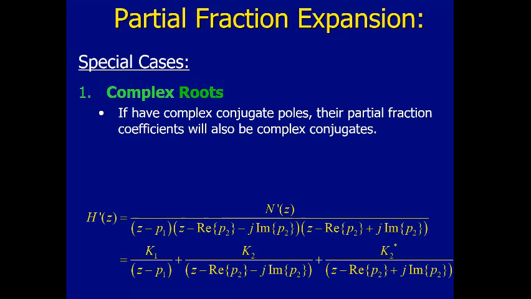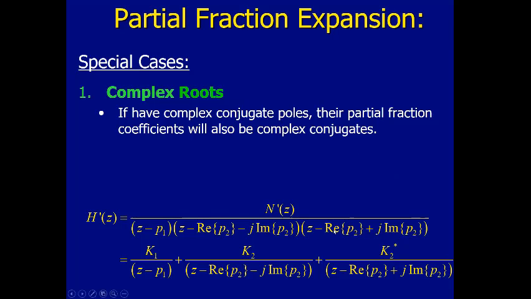If you recall, the design rules that we came up with last time said if I have a pole or a 0 in my system that's complex or imaginary, it has to also appear with its complex conjugate, so that when they combine together to create the coefficients of the difference equation and the transfer function, we get real valued coefficients for the difference equation. We have to have those cancellations of the imaginary parts that come from combining complex conjugates. And so typically if we have a complex pole, its conjugate will be there as well.